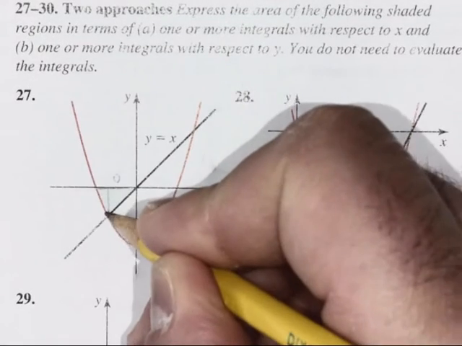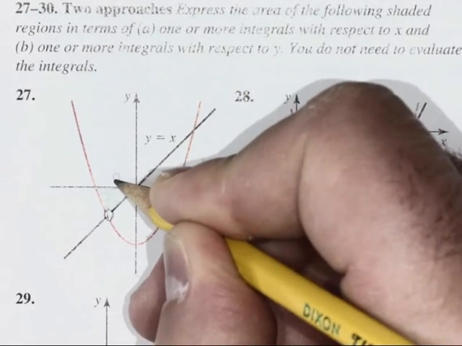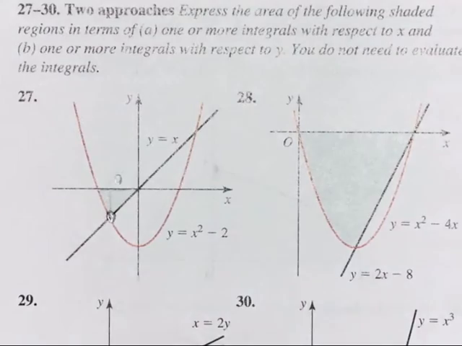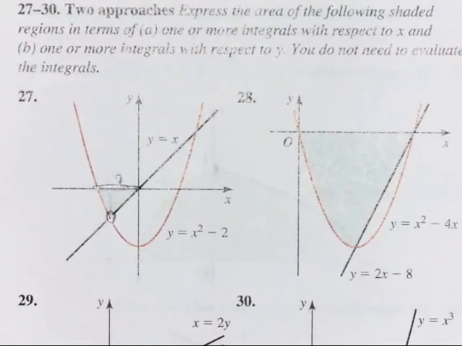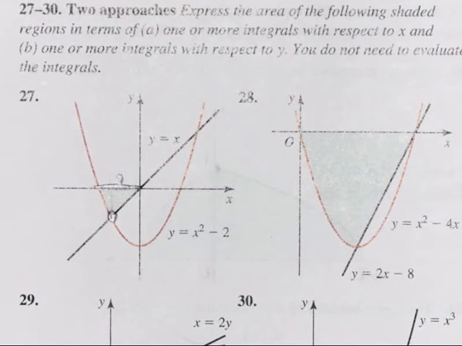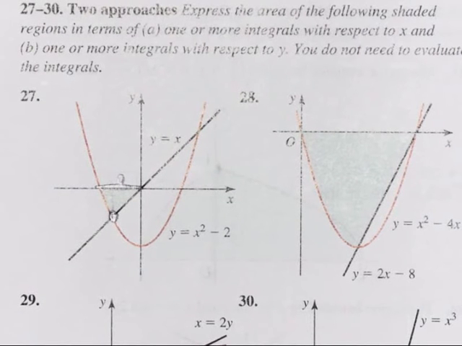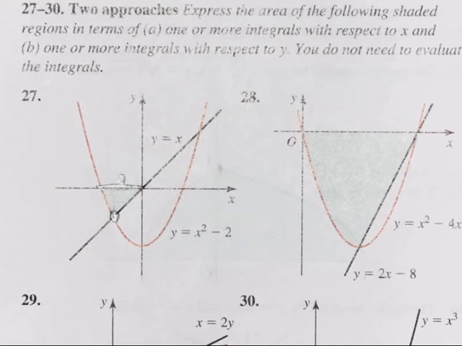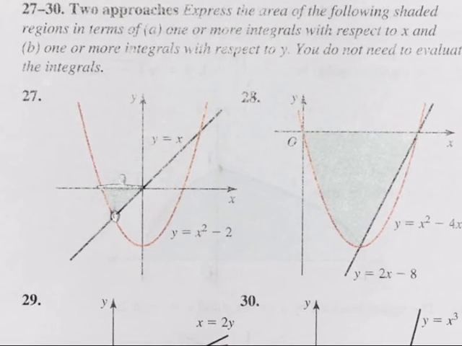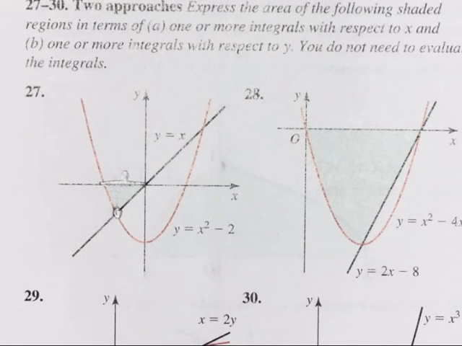We want to find this point, to find the other boundary. This is the upper boundary, 0. What's the lower boundary there? Of course we can figure that out by setting these two things equal to each other, figuring out what this intersection point is.